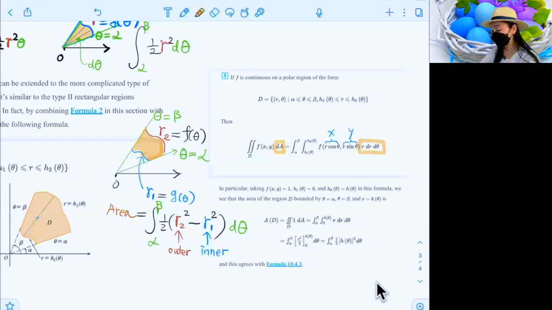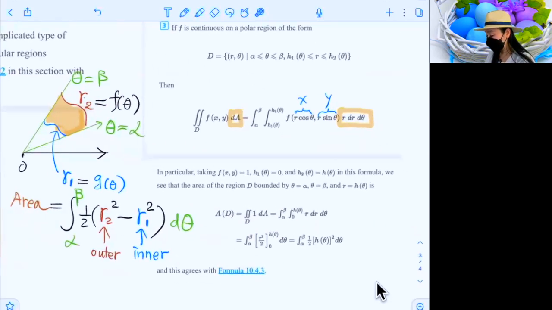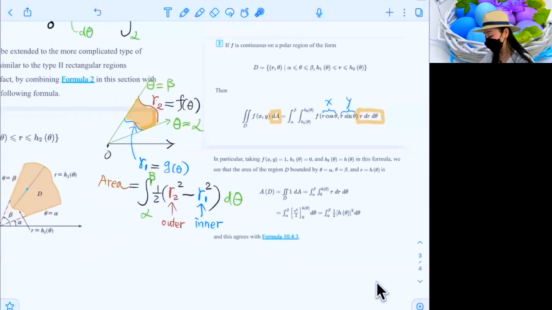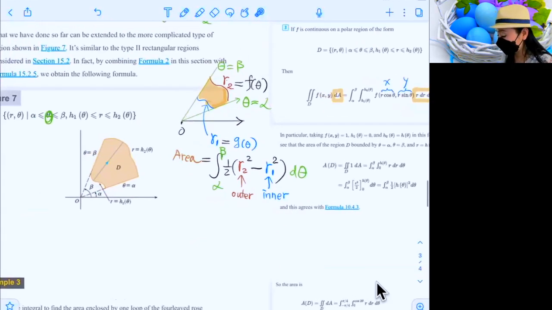Okay. Now, but this time, what happened? The r over here is not going to change from a constant to a constant. Because as you can see here, the r here is not a constant, right? So as the theta here increases, you see the r here is changing. Sometimes bigger, sometimes smaller.